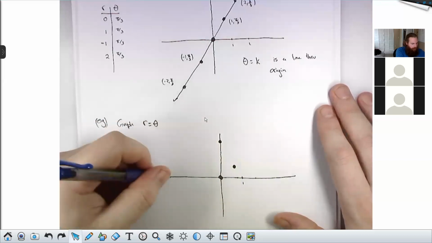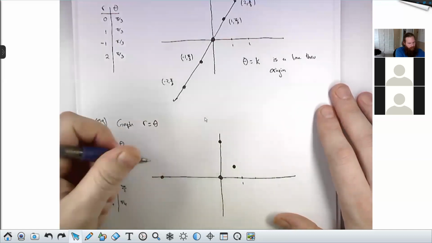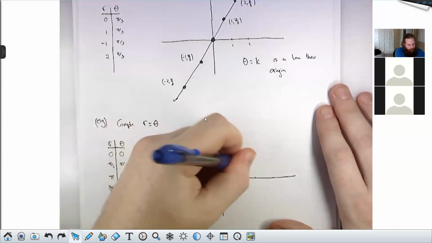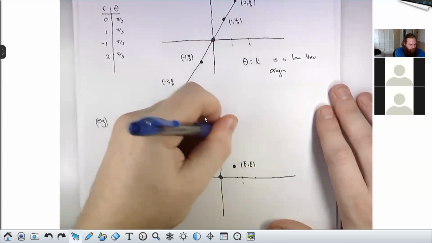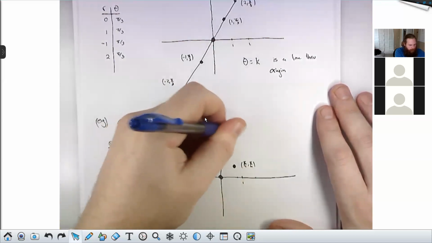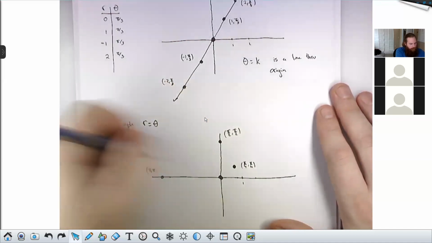Pi comma pi, it's like right here. So let me label these. This is pi over 4 comma pi over 4. This is the polar point pi over 2 comma pi over 2. This is the polar point pi comma pi.